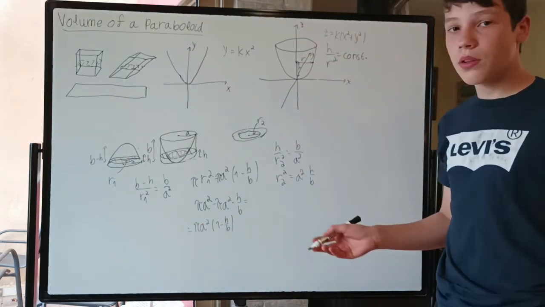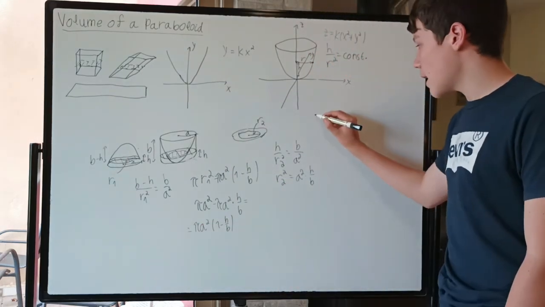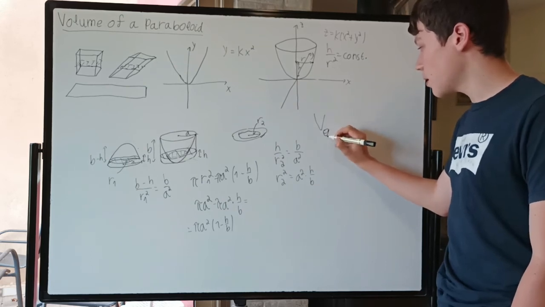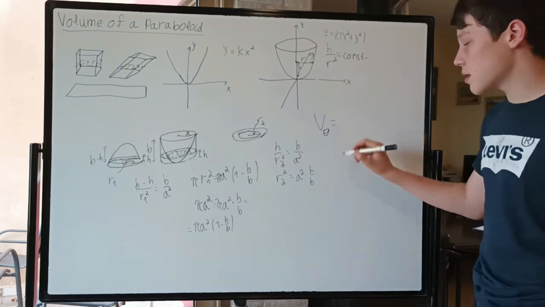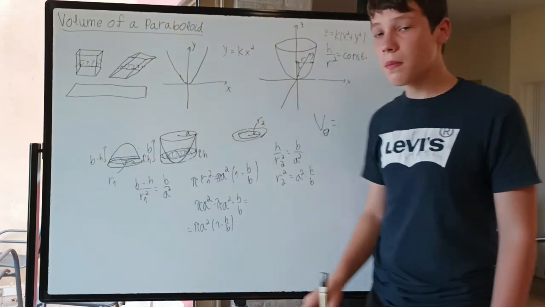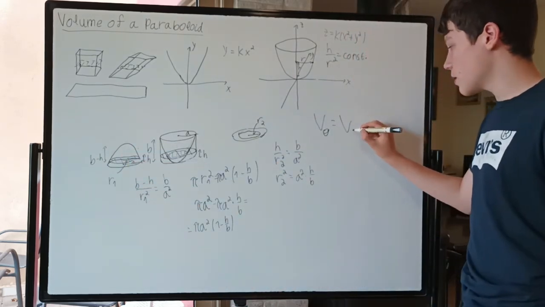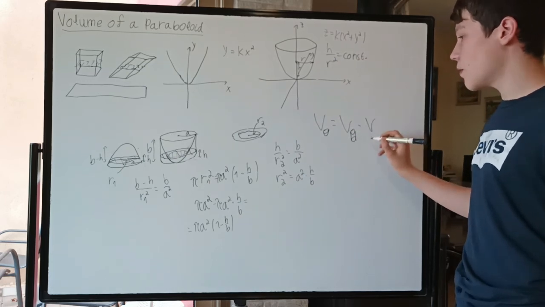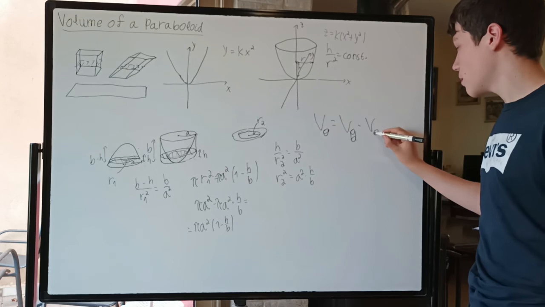So if we label the volume of the paraboloid as V, draw a little paraboloid here, which will represent the volume of this thing, it will be the volume of the cylinder minus the volume of the same paraboloid, right?